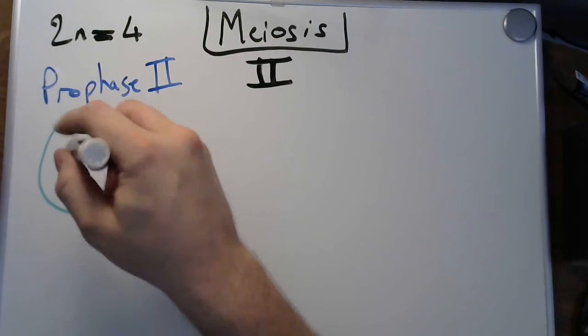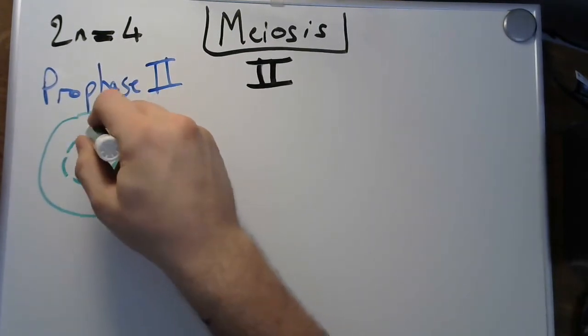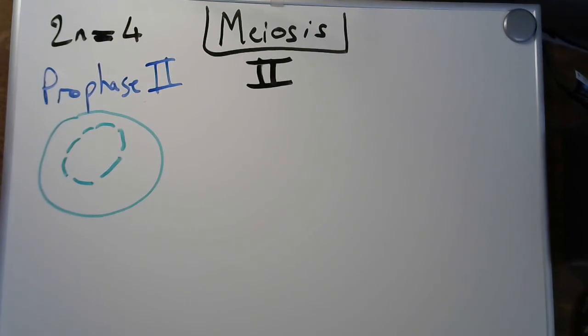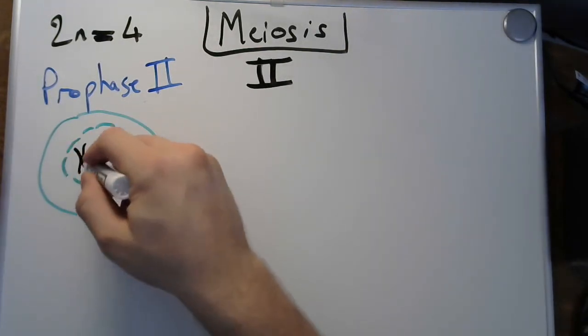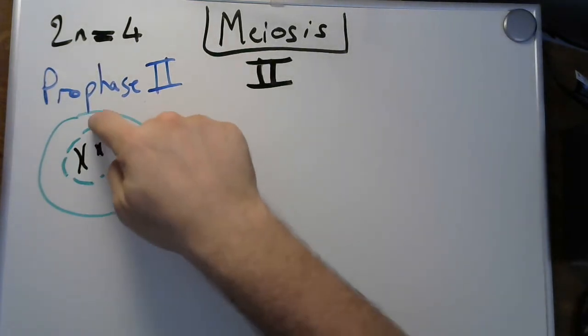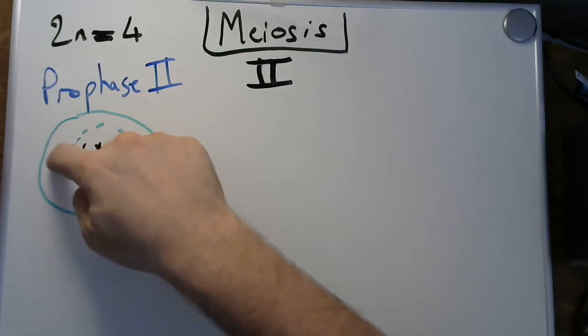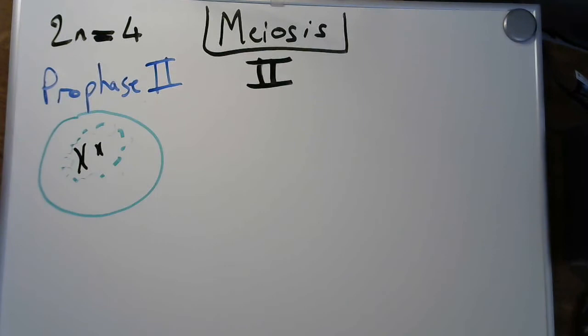You have the nuclear envelope, and do remember that in our case we have only 1 replicated chromosome of each pair. We don't have 2. They're already condensed. The first thing that happens is the nuclear envelope disappears. And so it's disappearing, the nuclear envelope.